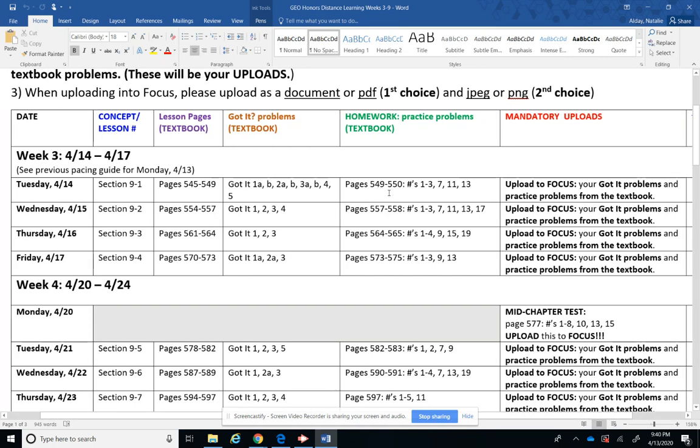Pages 549 to 550, you're going to do 1 through 3, and then 7, 11, 13. I'm only making you do 6 problems, and then we're stopping right there, and we're not going to do the test prep worksheets like we were doing. After you do the got it problems and these 6 problems, you're done with the lesson and you upload all of those.